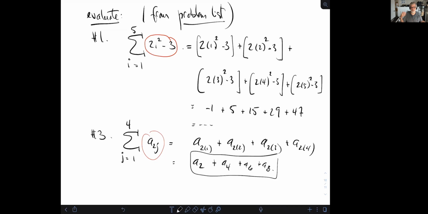We'd have the values of a1, a2, a3, a4, a5, and so on. So these could be the entries in some vector, for example, right? So you can think of this like a formula in Excel, for example, right? These a2, a4, a6, a8 might be the values in some column or some row in an Excel table, and you want to add them up.